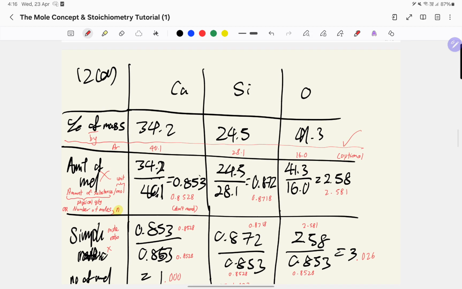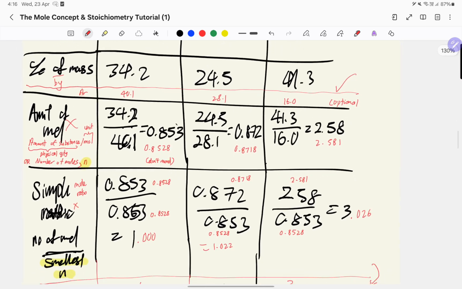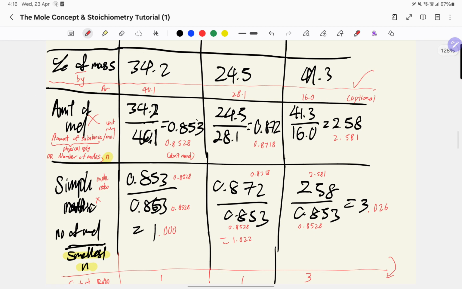So for each of the numbers over here, one thing to take note is that all your intermediate workings should be to 4SF and not rounded up.